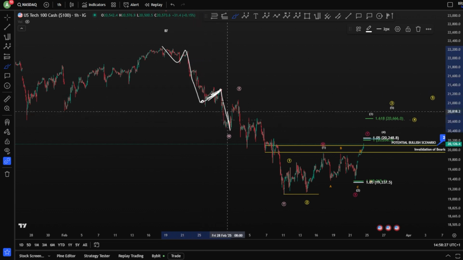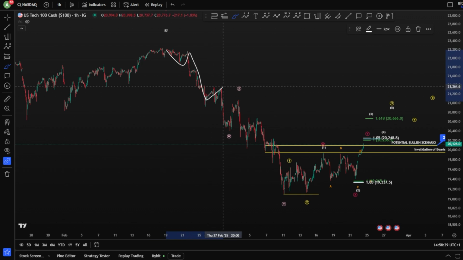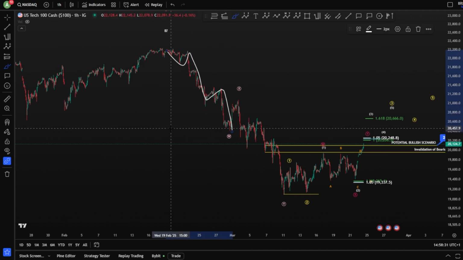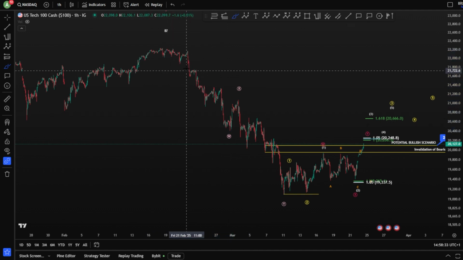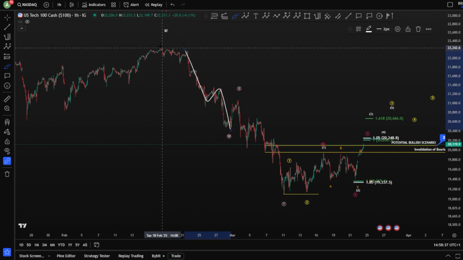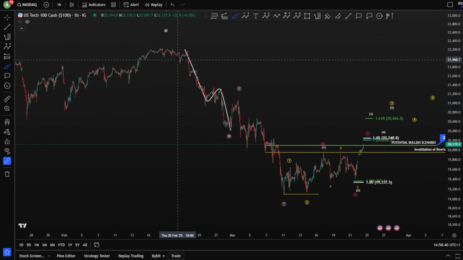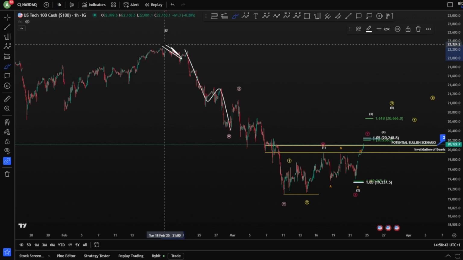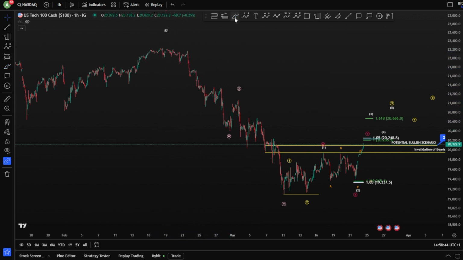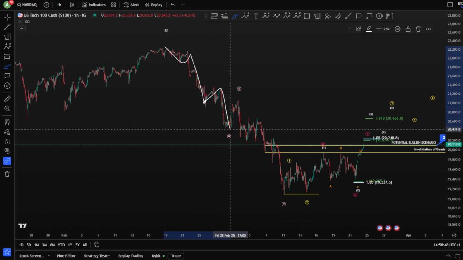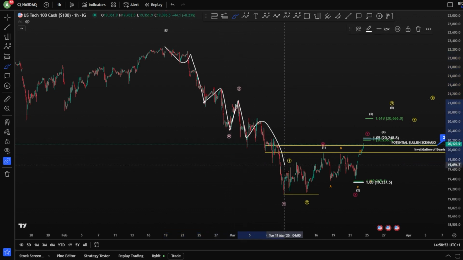Correction, impulse, finished. 3 waves down, correction, and impulse. Or it can be even, yeah, but the other one is nicer. Of course, we cannot say here this is very, very shallow one, yeah? Meaning, potentially this is your first structure, A, B, and a C. Finishing wave W, X, and a Y.